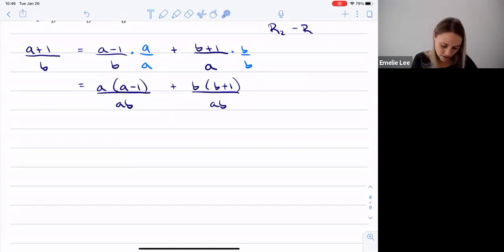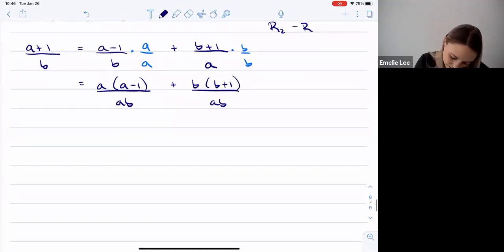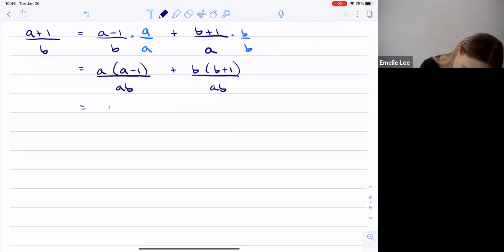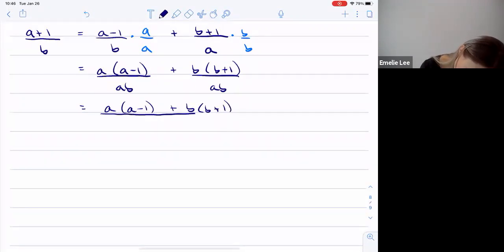To keep your page nice and clean, and so you don't have to rewrite everything, unless something's changing on the left-hand side, you can keep it open until it changes. That saves you a little time and makes it easier to read. So then this becomes a times a minus 1 plus b times b plus 1 all over ab.